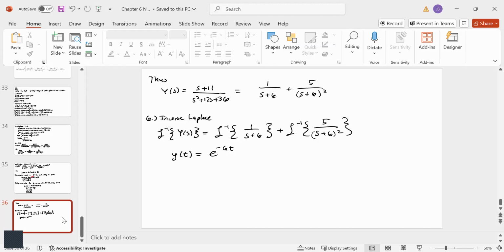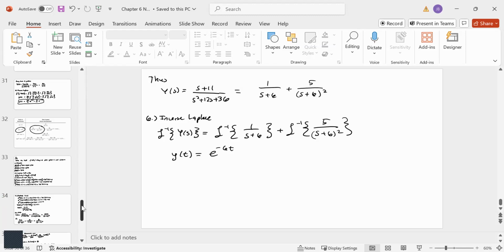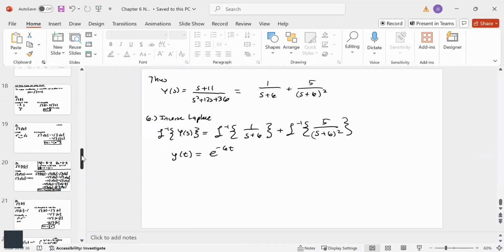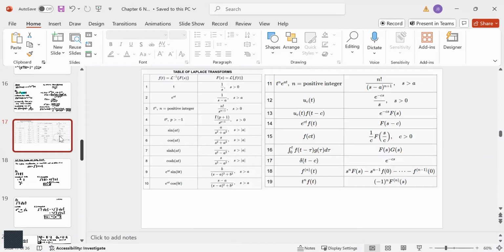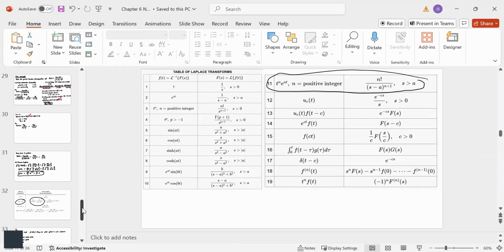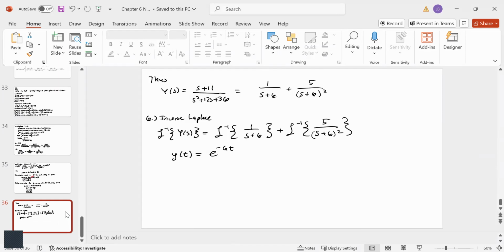Okay. Now, knowing from experience, I know that the second term is going to have e to the -6t because this is a repeated root. But we want to match it on the table. So if I go back to the table, s plus 6 squared, we look and we look, and we notice right here, number 11, we finally get to use it. S minus a to the n plus 1 on the denominator, n factorial on the numerator, and that's going to be t to the n e to the at. So this is where we're going to use number 11.